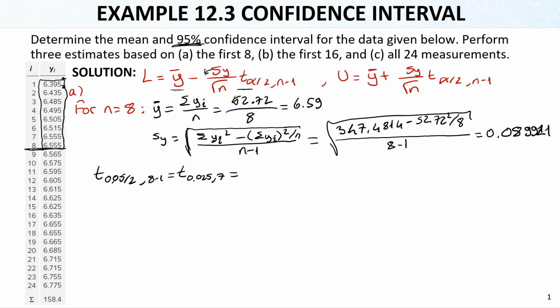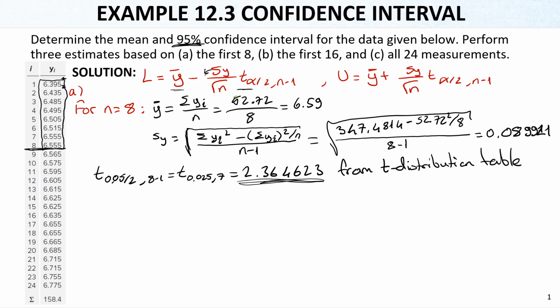The result for this is 2.364623 from the t distribution table. We will show this t distribution table and also a MATLAB code for it in the next chapter while using it for the regression. Here I will just keep it short to show that you can just find this, or you can Google it and find the t-distribution table. Actually, you can see from there.